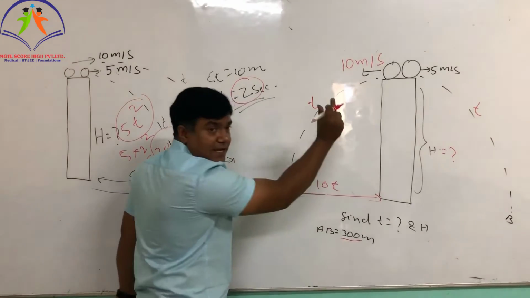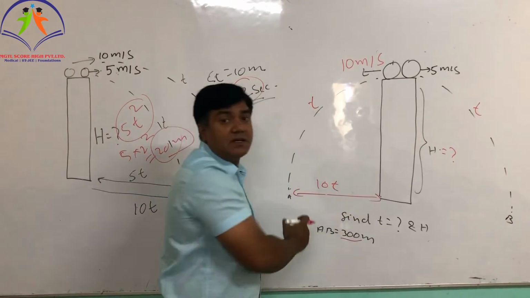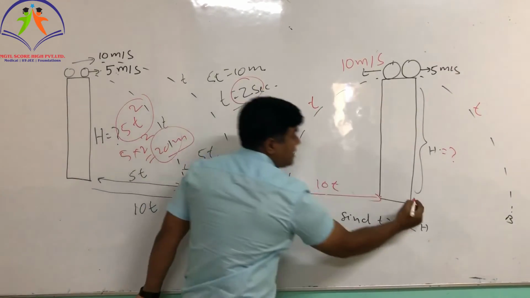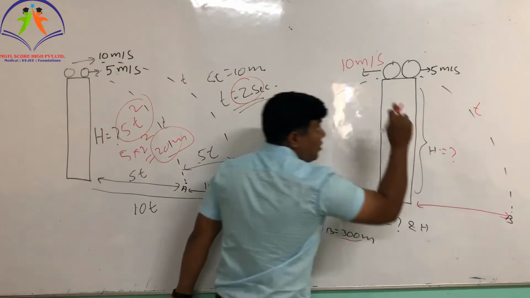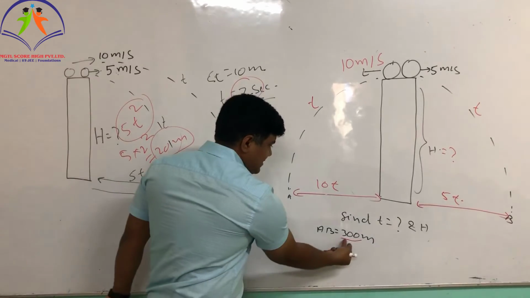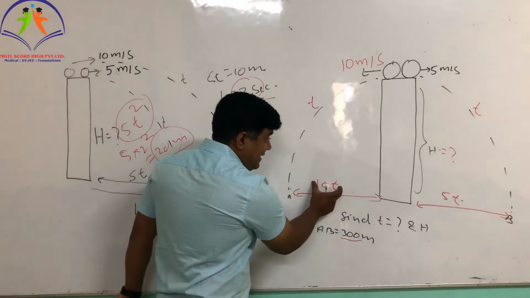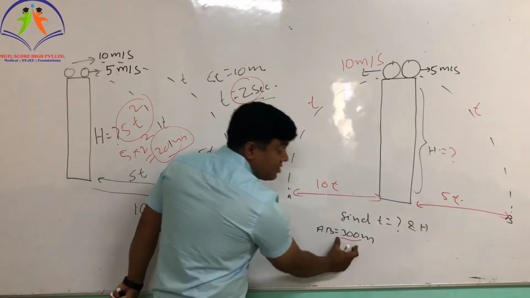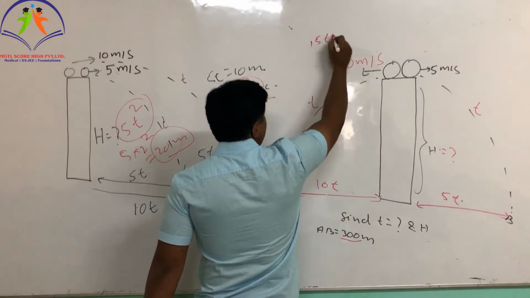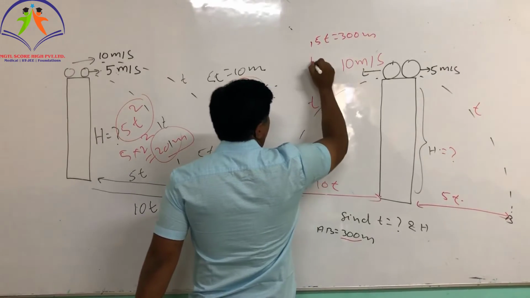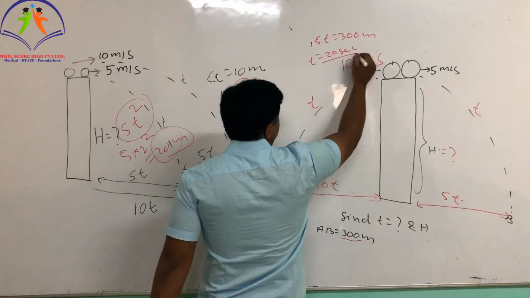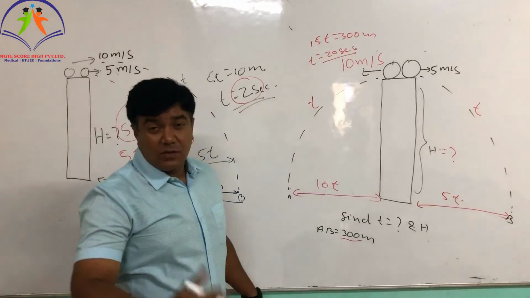The other stone's distance from the base of the tower is 5 into t. Total distance is given as 300 meter. So 10t plus 5t equals 300 meter, that is 15t equals 300 meter, or t equals 20 seconds. See how simple the question was.